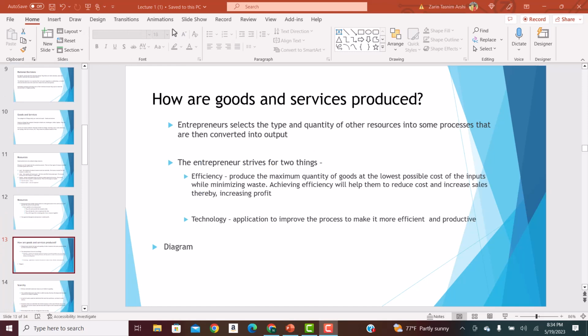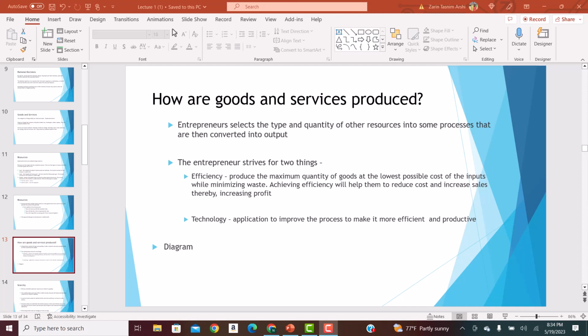So how are goods and services produced? Entrepreneurs basically select the type and quantity of other resources into some processes that are then converted into the final goods or output. So when entrepreneurs are trying to produce the final goods and services, they are trying to achieve two things. The first one is efficiency.